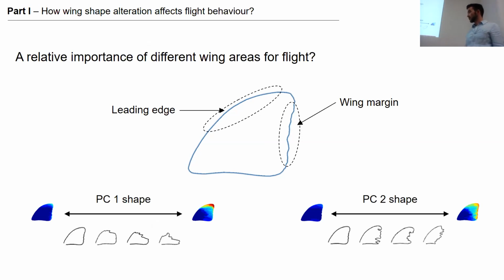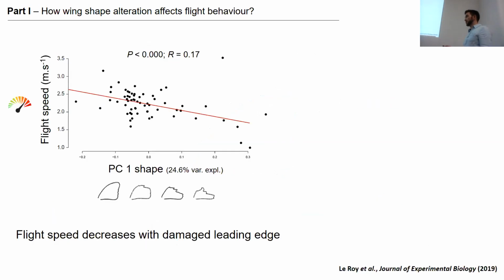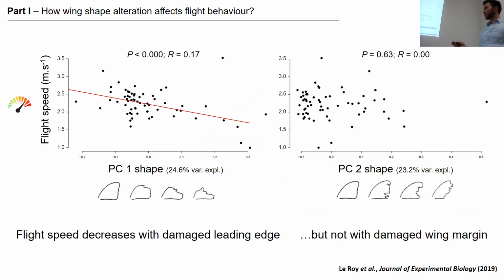And I found an interesting result when looking at flight speed. Flight speed decreases with damaged leading edge, but not with damaged wing margin. This suggests that within the same wing, some areas are more crucial for flight performance, while others are relatively less important.